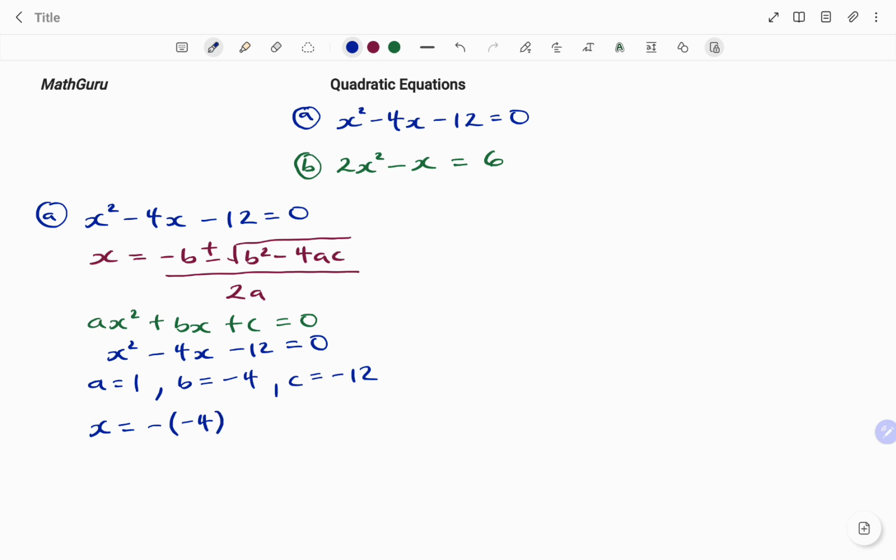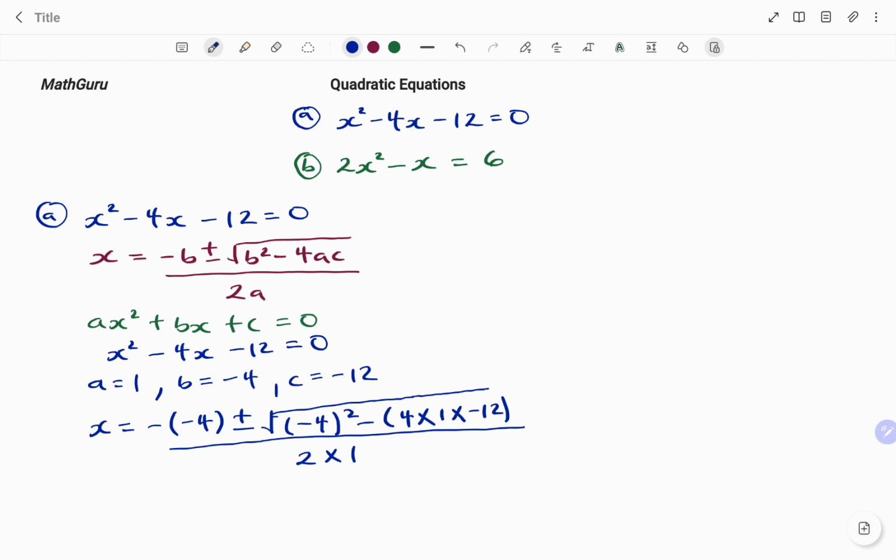So that will be negative 4, plus or minus the square root of b squared, and because there's a negative, I'm going to put that in a bracket. That's negative 4 squared minus 4 times, I'm going to extend my fraction bar, a is 1 and c is negative 12, all divided by 2 times a, which is 1.